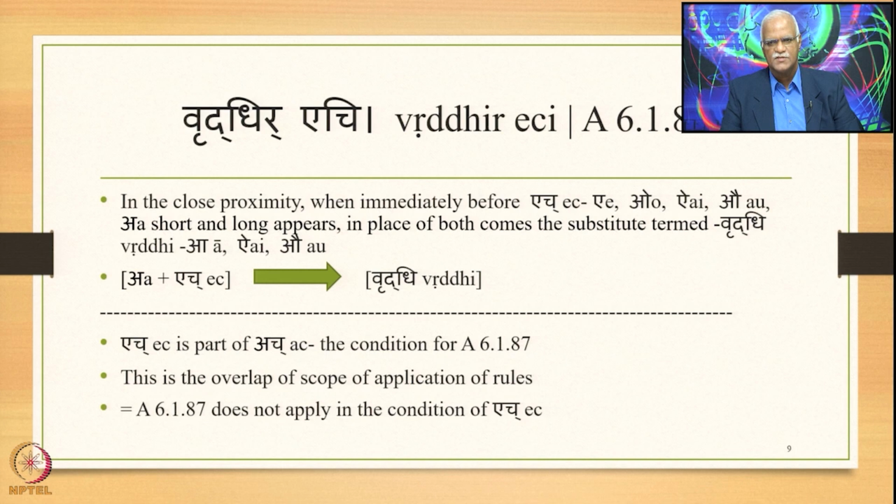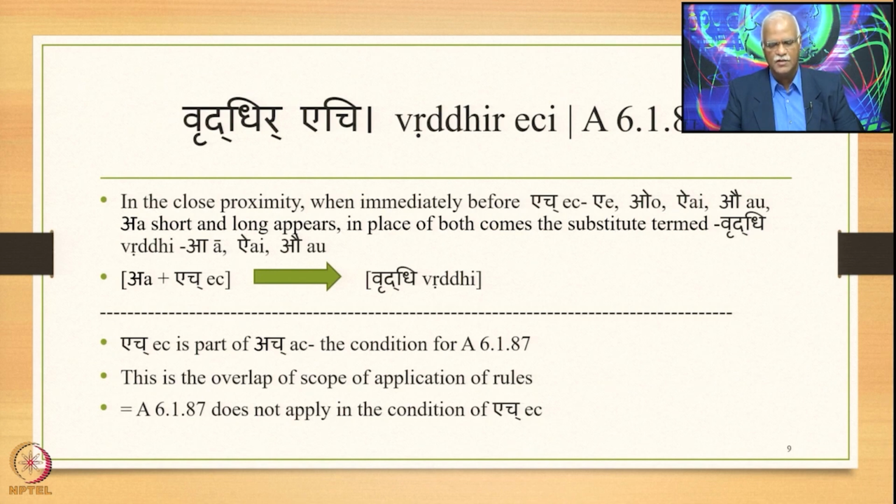And since 6.1.88 has a limited scope of application, which is part of the bigger scope, 6.1.87 does not apply in the scope of 6.1.88, namely Ech. The reason being that if 6.1.87 applies in the environment of Ech, 6.1.88 would not get any scope of application, and then it becomes redundant.